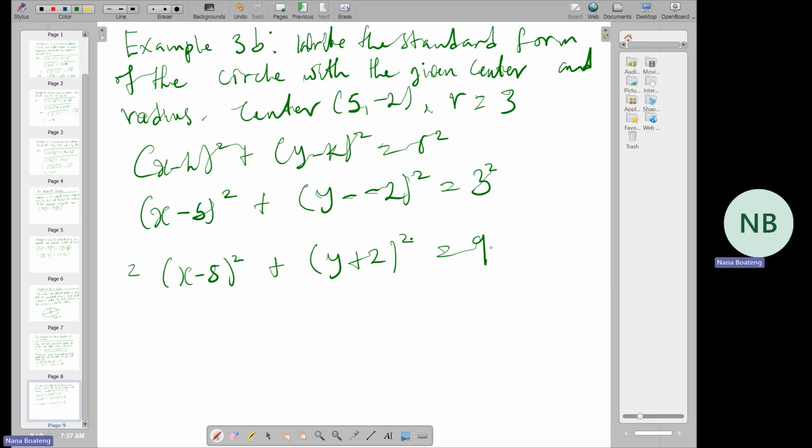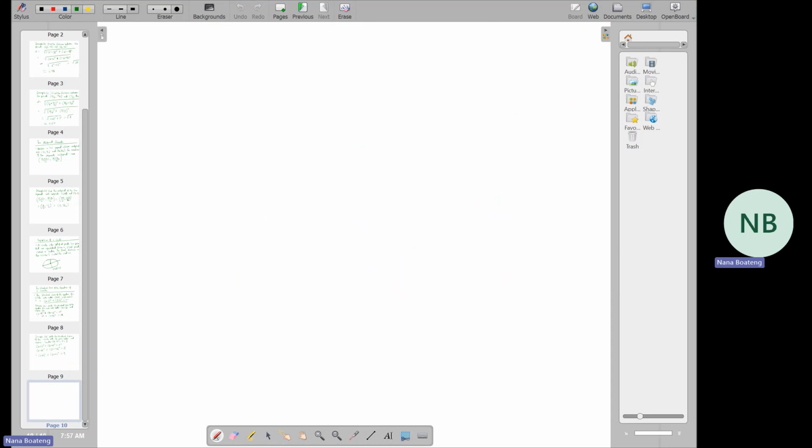All right, so let's look at another example where we are given the equation of the circle and we have to pick the radius and the center from it. So this will be our example 4. It says find the center and radius of the circle.